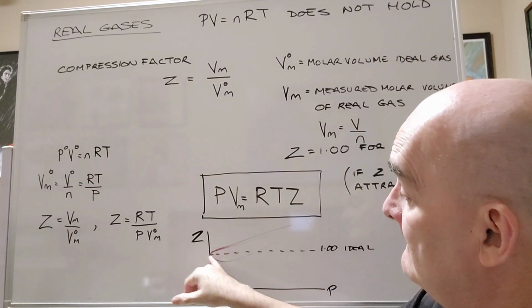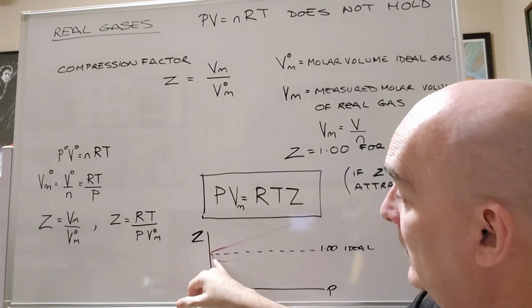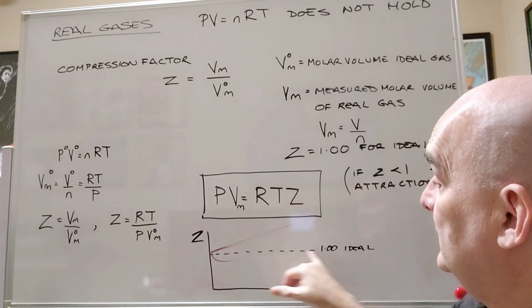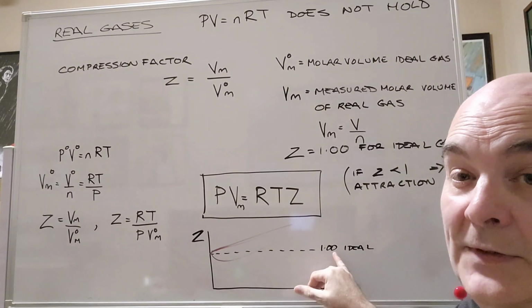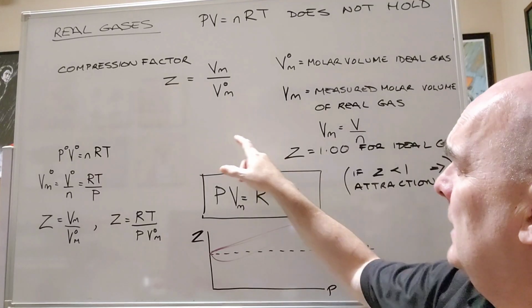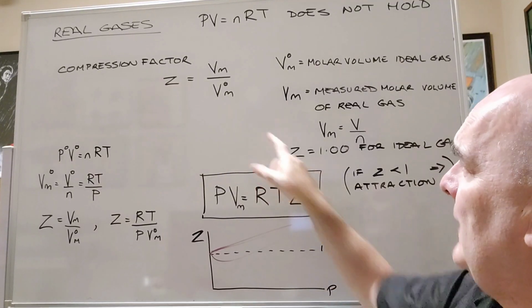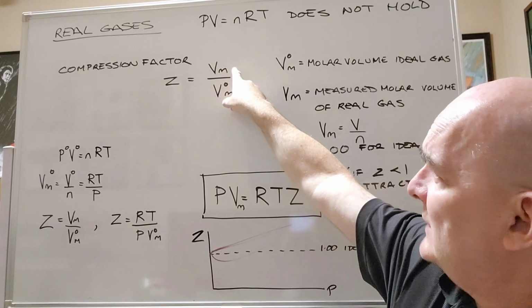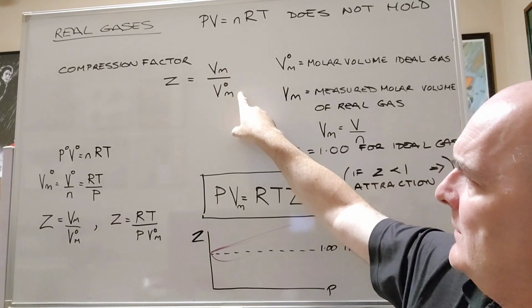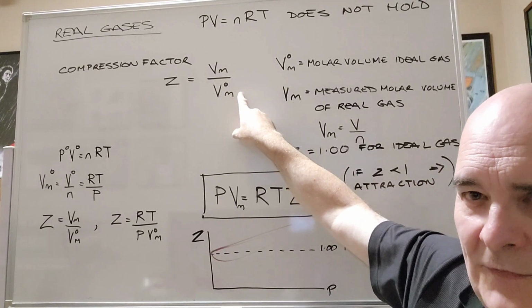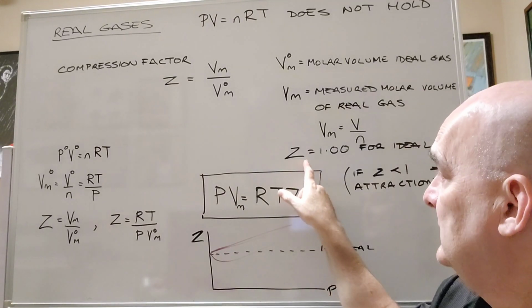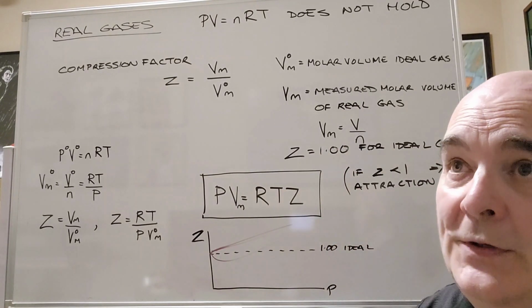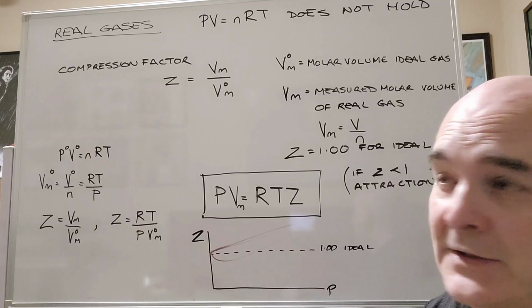So my value of Z approaches 1. This dashed line right here represents 1.00. That's ideality, because the value of Z is the found value divided by what the ideal, the perfect value should be. So an ideal gas has Z equals 1.00.